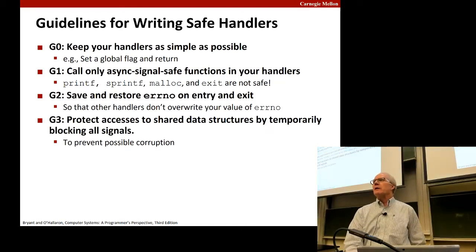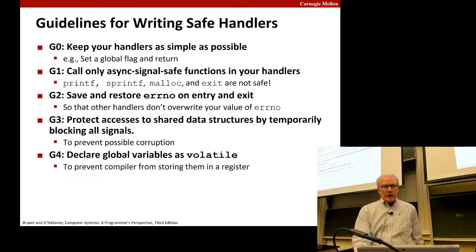You have to worry about blocking signals if there's potential for causing race conditions or bad behavior between multiple signal handlers. And in general, if you use global variables, you should declare them as being volatile.